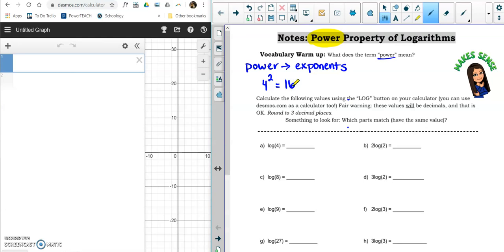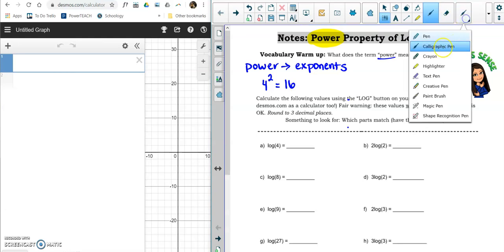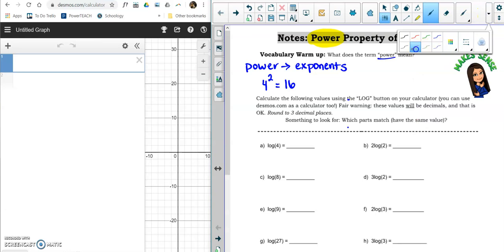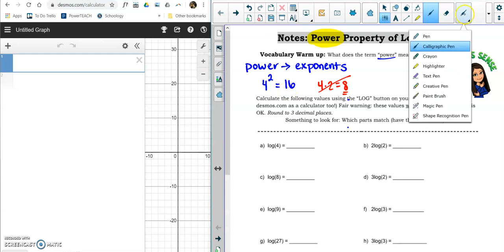That is significantly more powerful than if we took 4 and multiplied it by 2. That would only get us 8, right? So just so we're clear, that's not a power. But just to give you an idea, 8 is a much smaller number than 16.